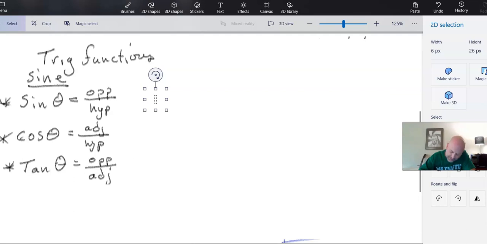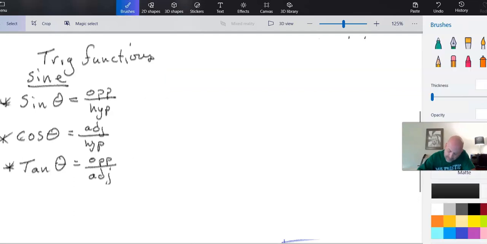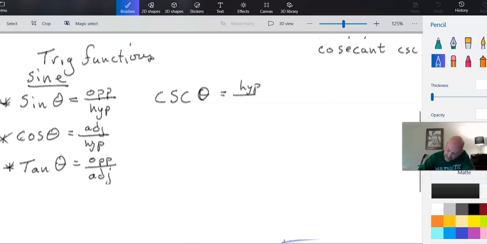Cosecant is abbreviated this way. It's spelled, I'll spell it over here. Cosecant is CSC, is equal to the hypotenuse over the opposite side.